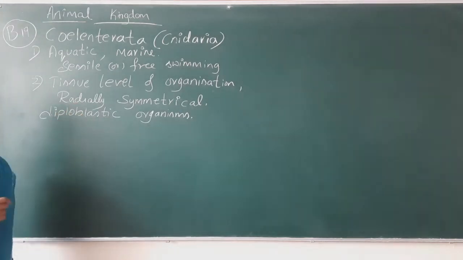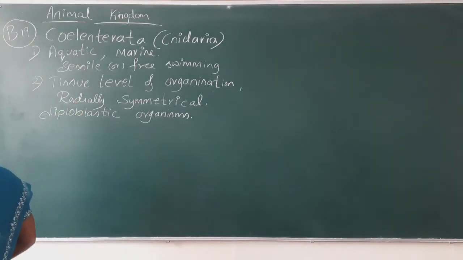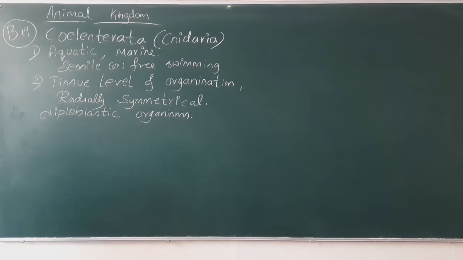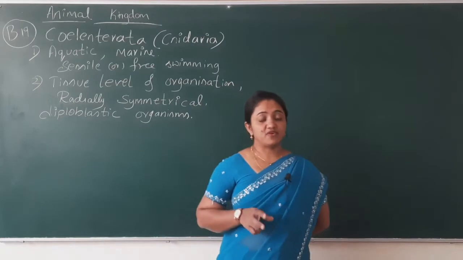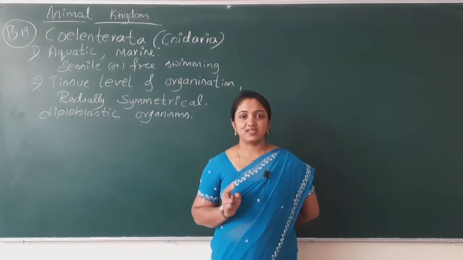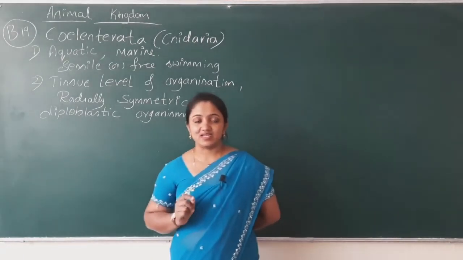They can be cut into two equal halves from any plane. That type of symmetry is known as radially symmetrical.